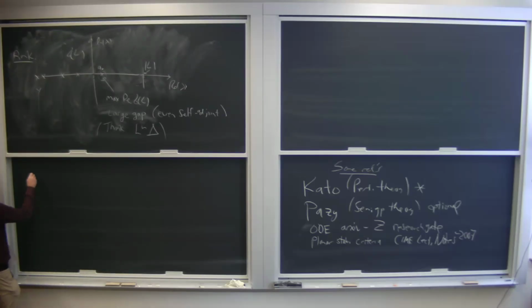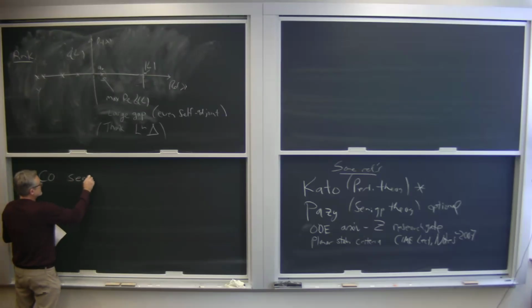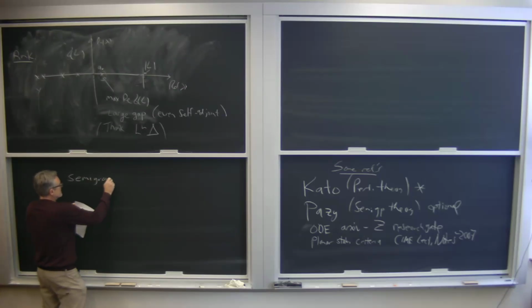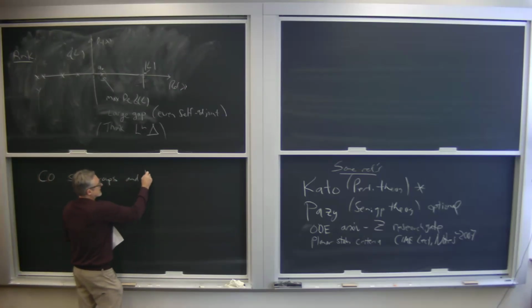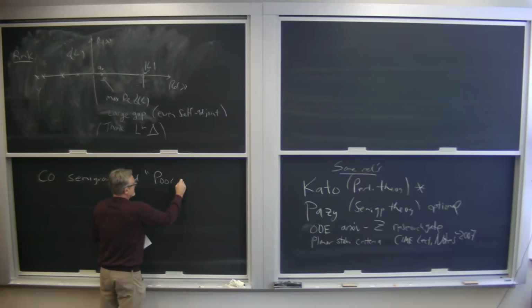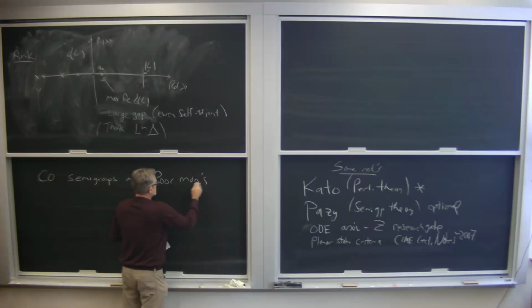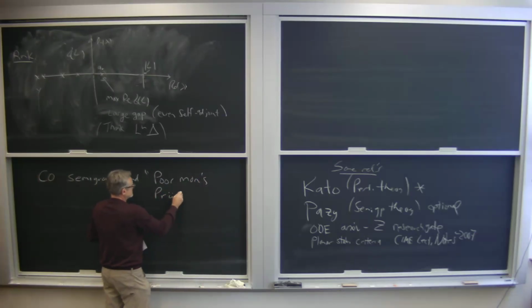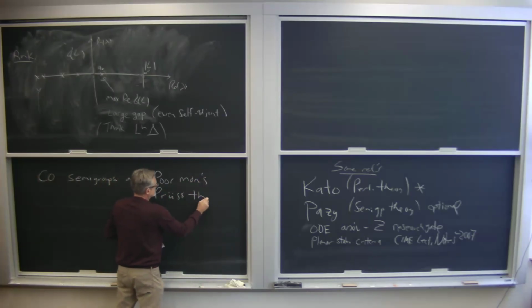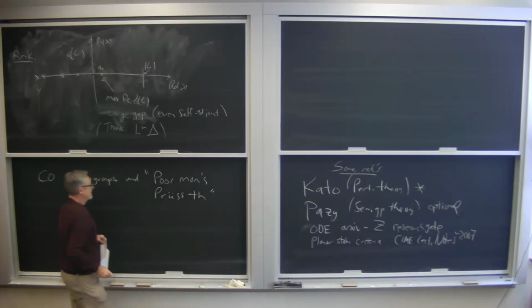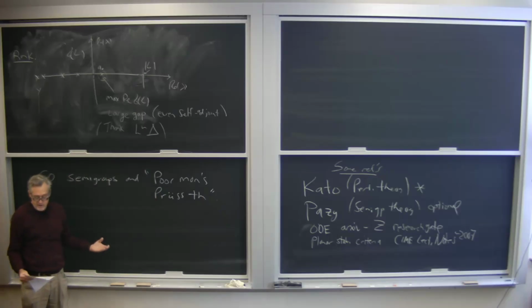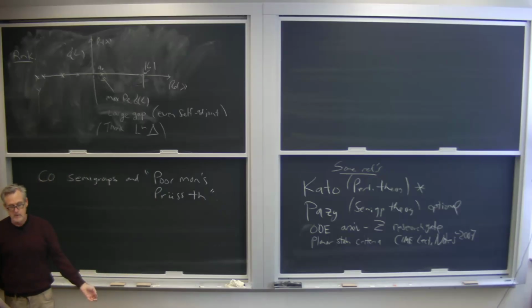Okay, so today we're going to talk about C0 semigroups and what I call the poor man's Prüss theorem. I'm going to state some basic definitions that we're borrowing from semigroup theory.